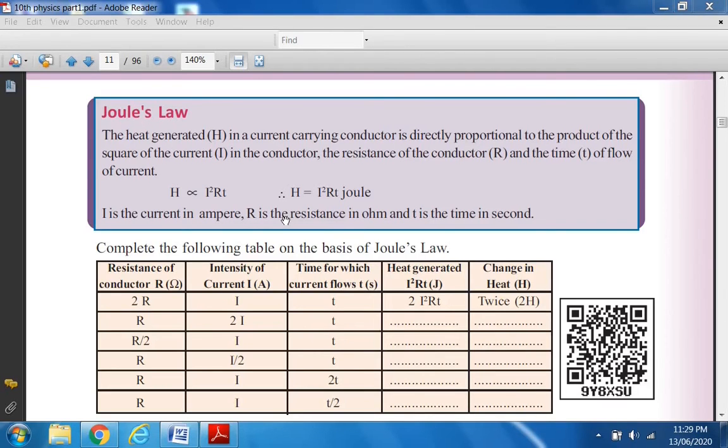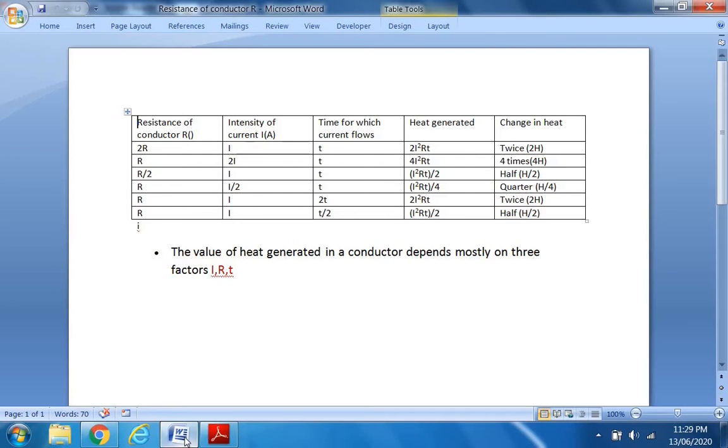Okay, for that we have different values of R, different values of I, different values of T, and let's calculate how much is the heat energy. We can have the table as follows. From this it is seen that the three main factors which affect the heat energy produced are, no doubt, I, R and T.